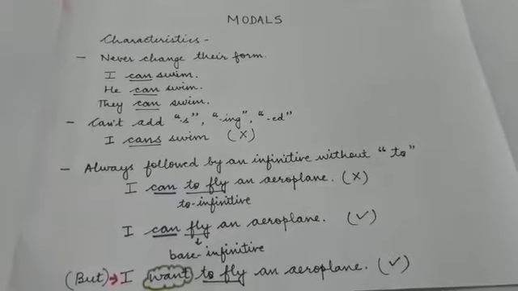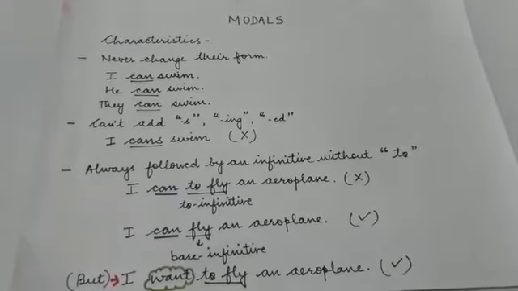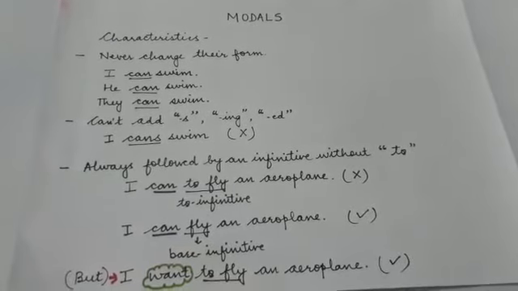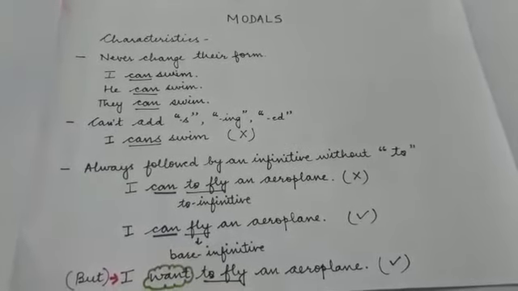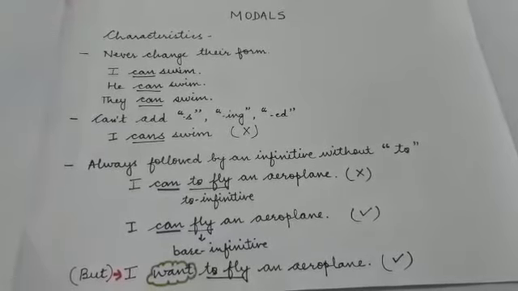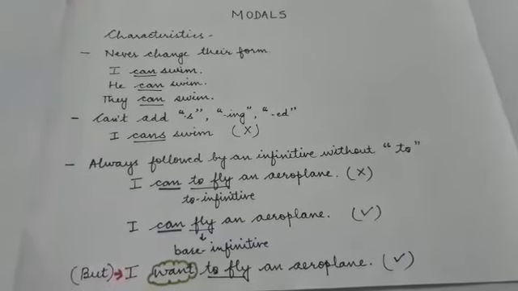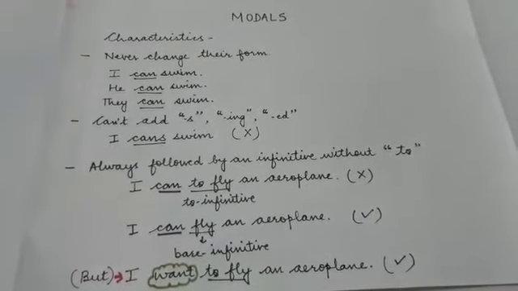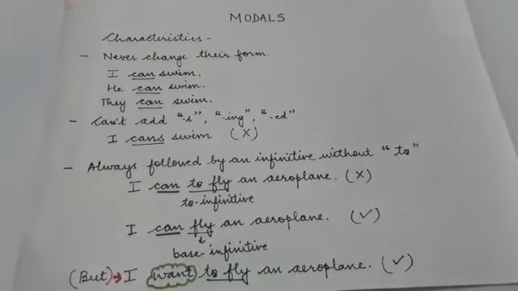So what is an infinitive? By to infinitive we mean to plus verb's first form. So I can to fly an aeroplane. So this is not a correct sentence. I can fly an aeroplane. Yeah, that is a correct formation. It means we cannot use a to infinitive.